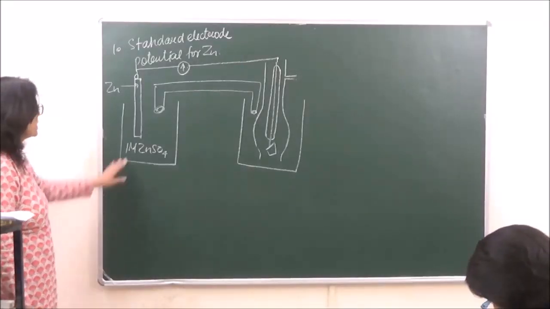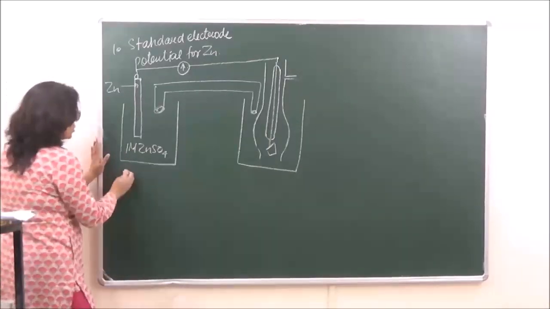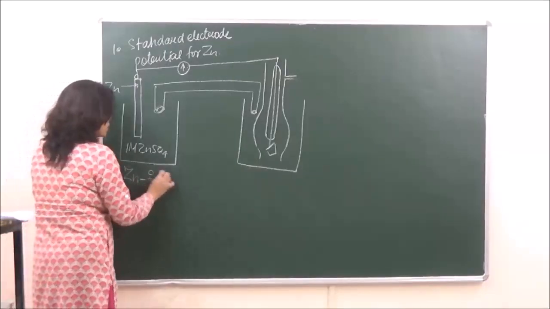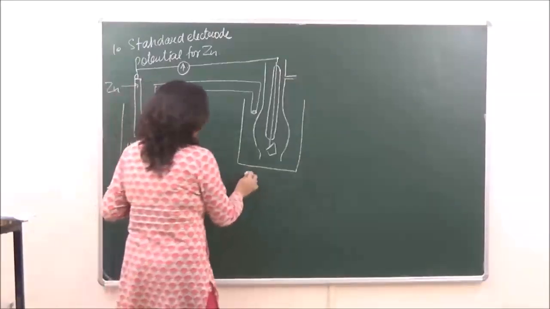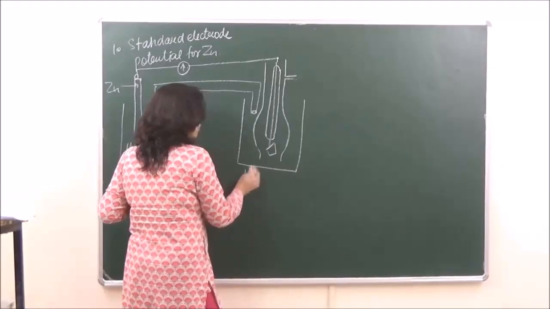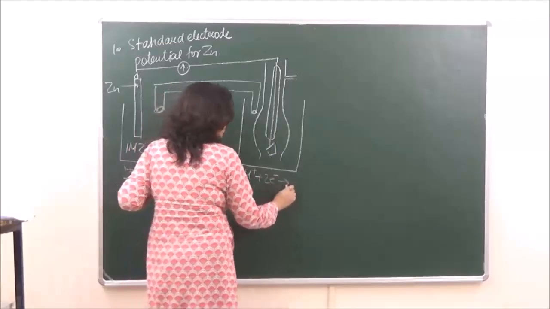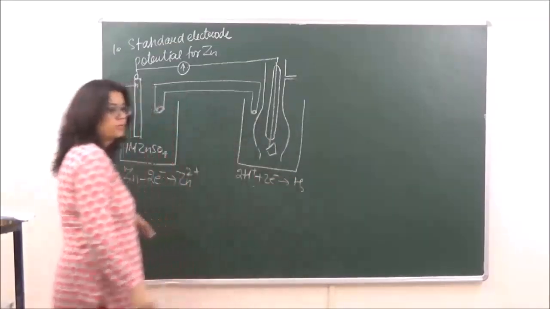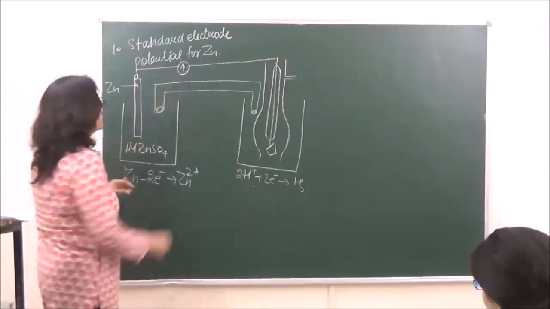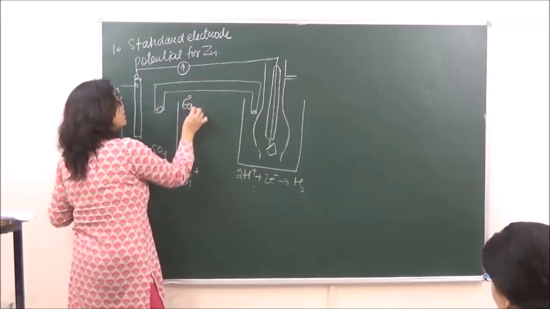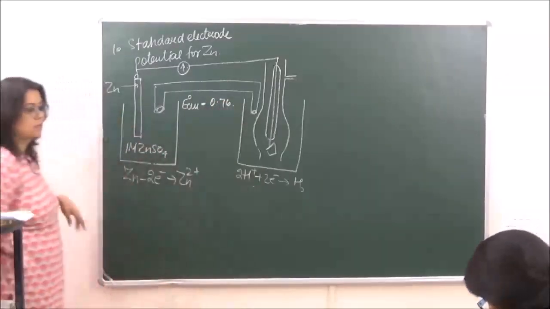So zinc is being taken as the anode, where oxidation is going to take place: Zn minus 2 electrons gives Zn2 positive. And hydrogen is behaving as a cathode, where reduction takes place: 2H positive plus 2 electrons gives H2. When the cell becomes operational, it is seen that the E0 cell, the value on the voltmeter, comes to 0.76.